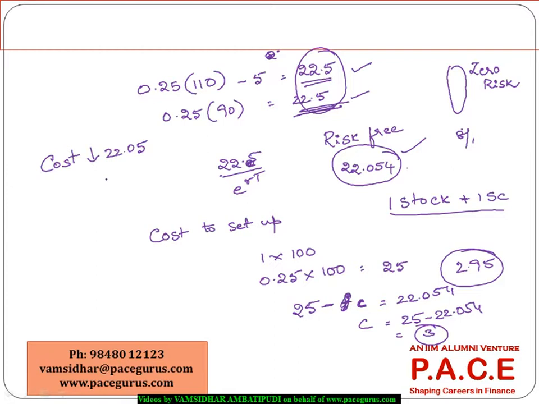If it is priced more than 2.95, the portfolio would be worth less than 22.05. So which means we are earning more than the risk-free rate, which cannot be possible. Arbitrage opportunities are going to come up. So the optimal price associated with this call option is going to be 2.95 bucks only.